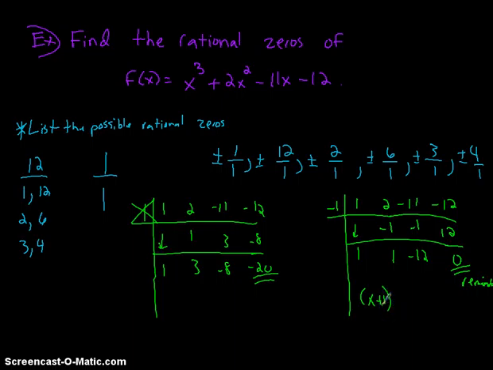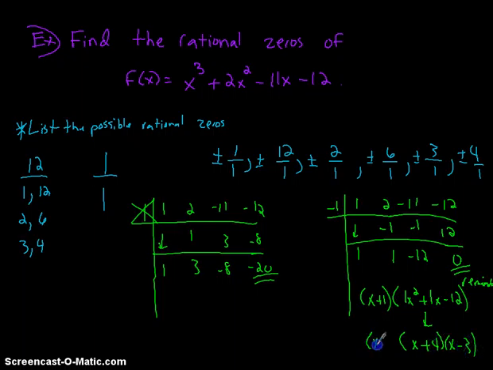So if I know that, I can use these numbers to come up with a new polynomial. If you notice, it started off cubed. So this is going to start off as 1 x squared plus 1x subtract 12. At this point, I'm going to assume that you know how to factor. I'm assuming you can look at this and tell that you can factor it. So this piece factors to be x plus 4, x subtract 3.